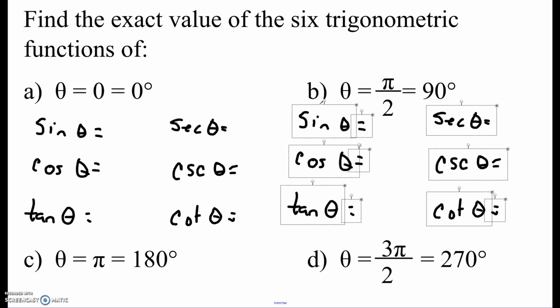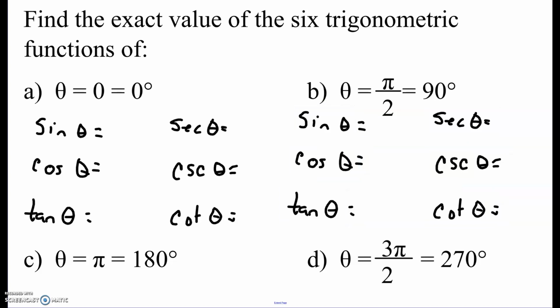If we move to pi over 2, or 90 degrees, sine in this case is 1, and cosine is 0. Cosecant, which is 1 over sine, or 1 over y, is 1.